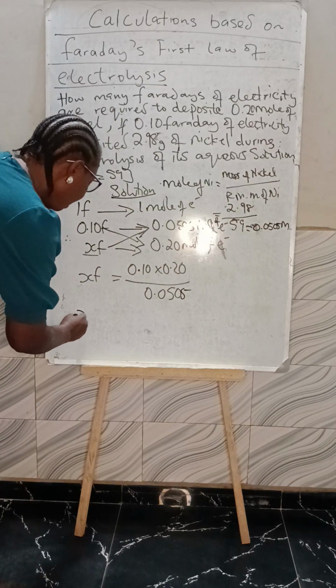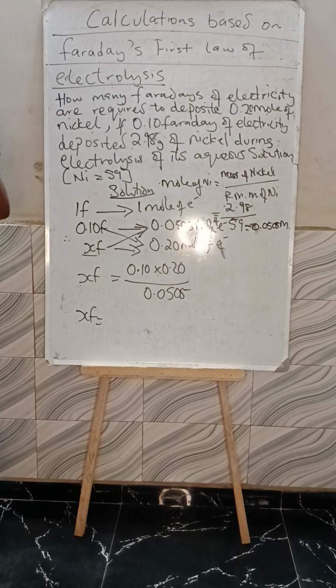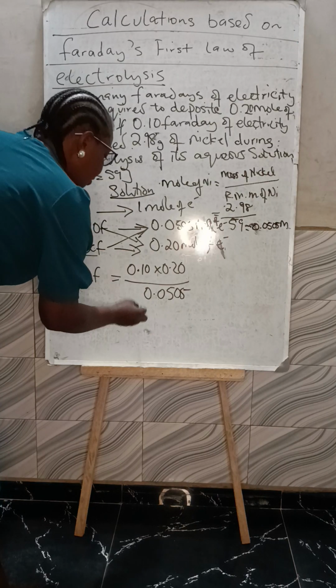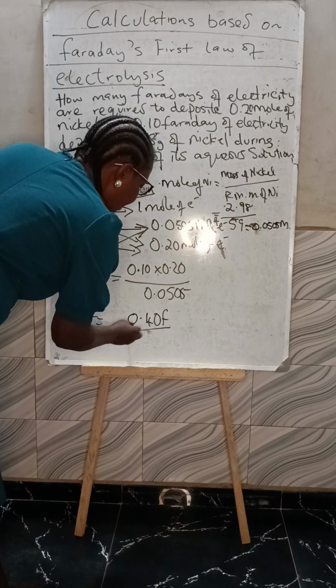So now, our number of Faraday, if we equate it, it will become 0.40 Faraday.